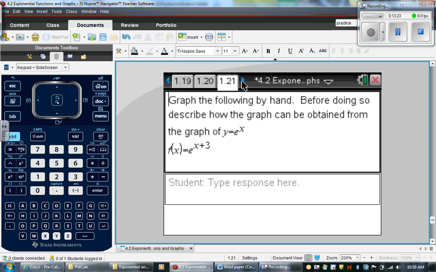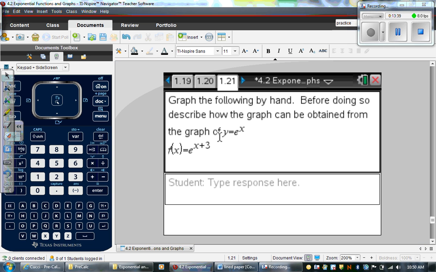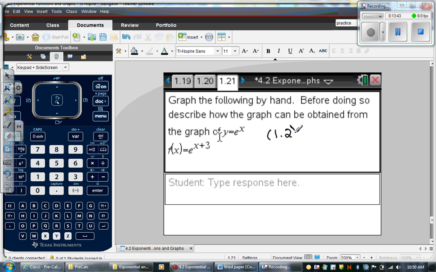Okay, so we're going to graph the following by hand. Before doing so, we're going to describe how the graph can be obtained from the graph e to the x. So e to the x, again, is our parent function. What happens when I add 3 to the x values? If we think about that logically, let's say I have the point (1, 2). What I'm doing is adding 3 to my x.